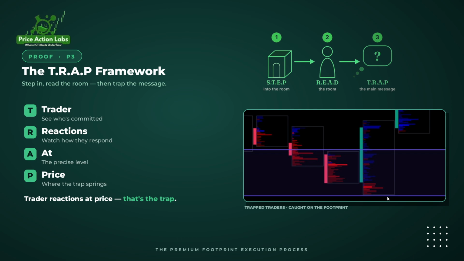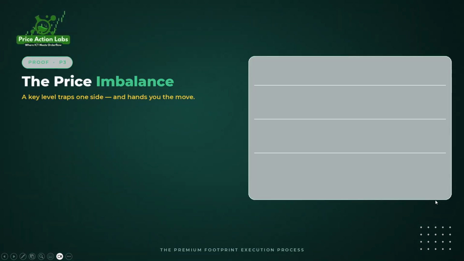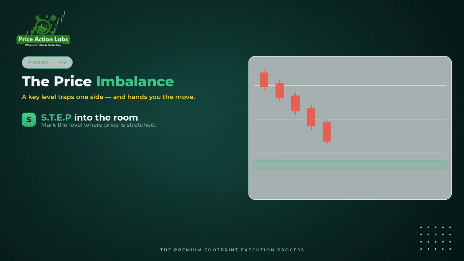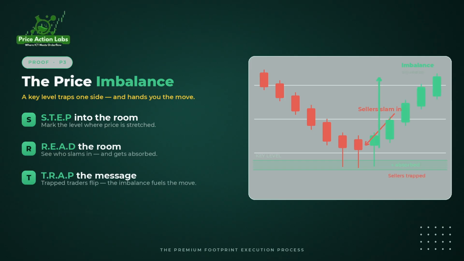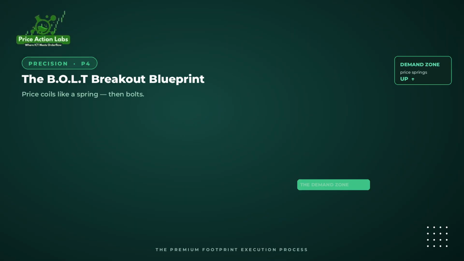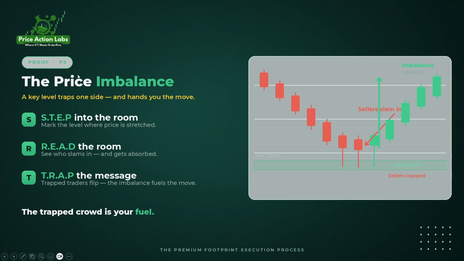Now we're moving on to another concept, which is what I refer to as the price imbalance. So you want to step into the right room, read that room, and trap the main message. Now, the trap is the fuel to your trade. Think of it this way. You've all heard of the terms inefficiency, void, fair value gap, inverse fair value gap.